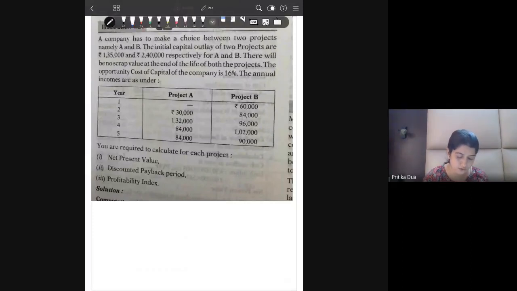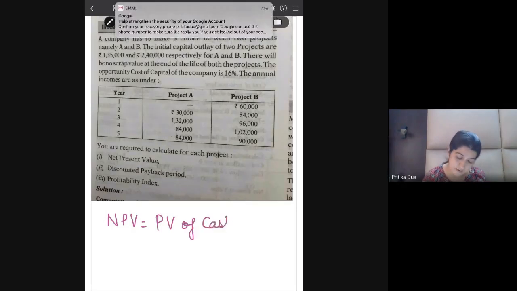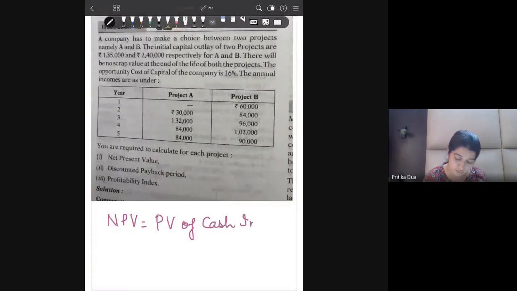So the formula for NPV is the present value of cash inflows minus the present value of cash outflows.